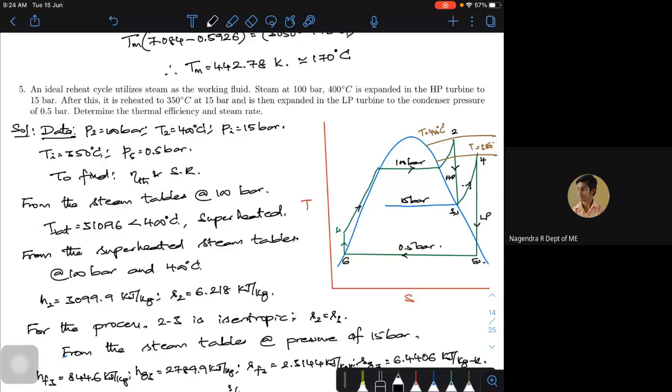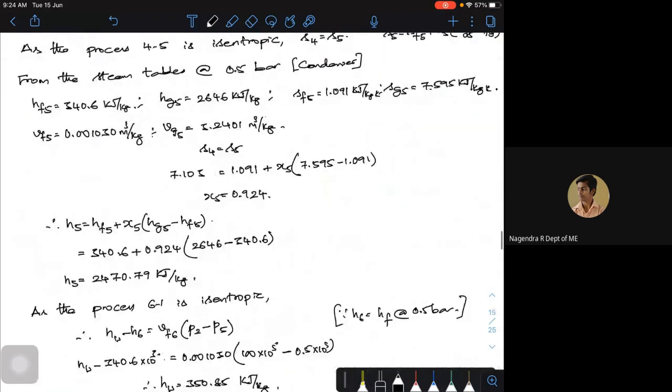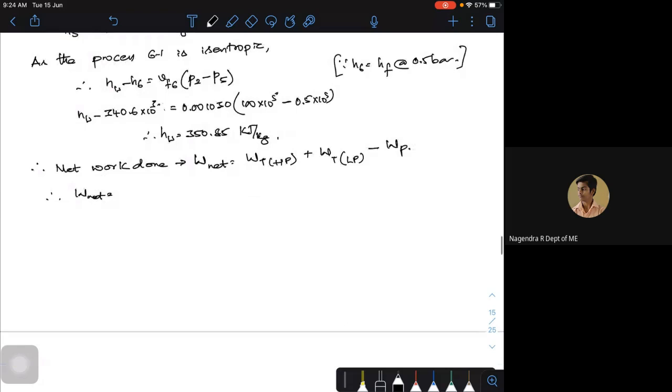So W net is equal to H2 minus H3S plus H4 minus H5S minus H1S minus H6.